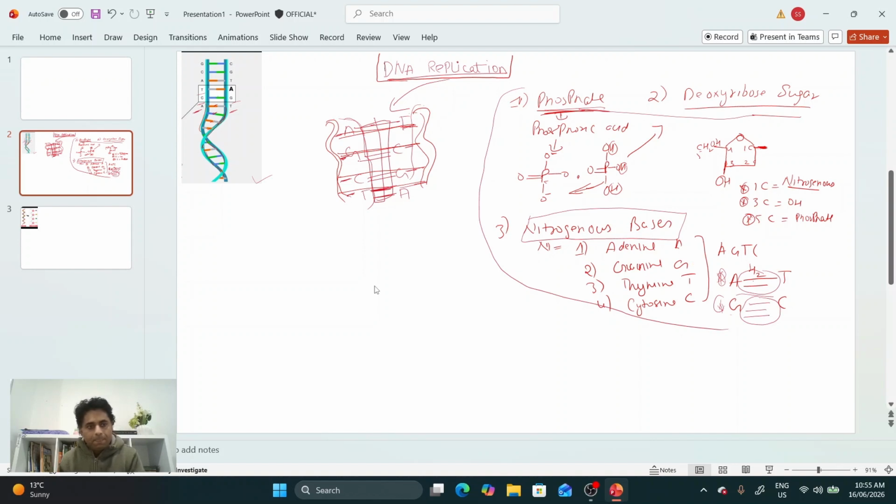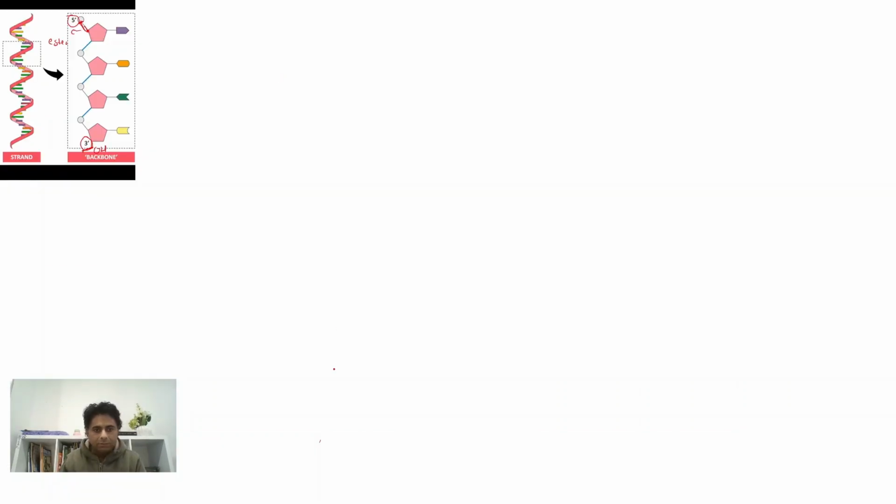Okay guys, so let's draw the structure. Let's draw the pentose sugar first, of the 3' side. So oxygen is here, first carbon has the hydrogen, second carbon has hydrogen, third carbon has a hydroxyl group, fourth carbon, and fifth carbon is outside the ring, CH2OH.